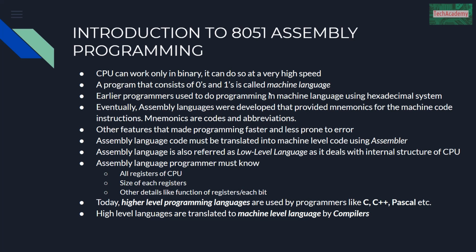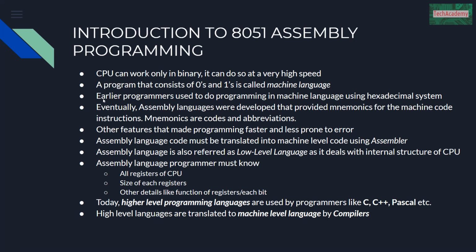This language or program is called machine language or a machine level program, where only zeros and ones are written. When we say machine level language, it is the language which machines understand, and the machine only understands zeros and ones. So the program which consists of only zeros and ones, we can call machine level language.